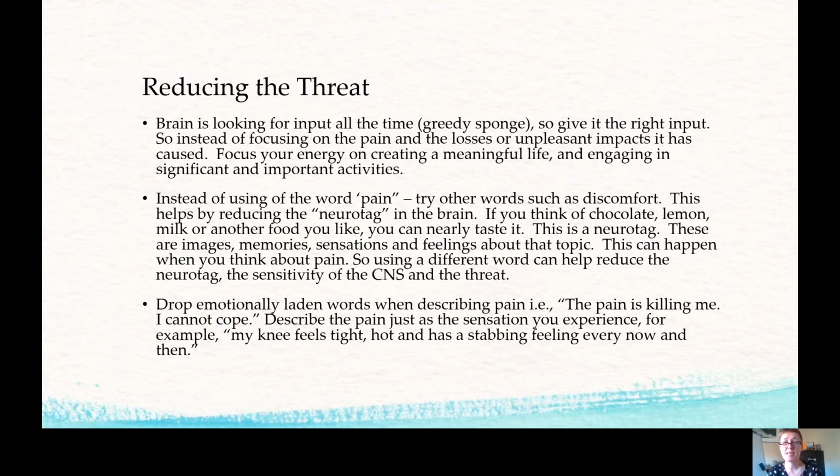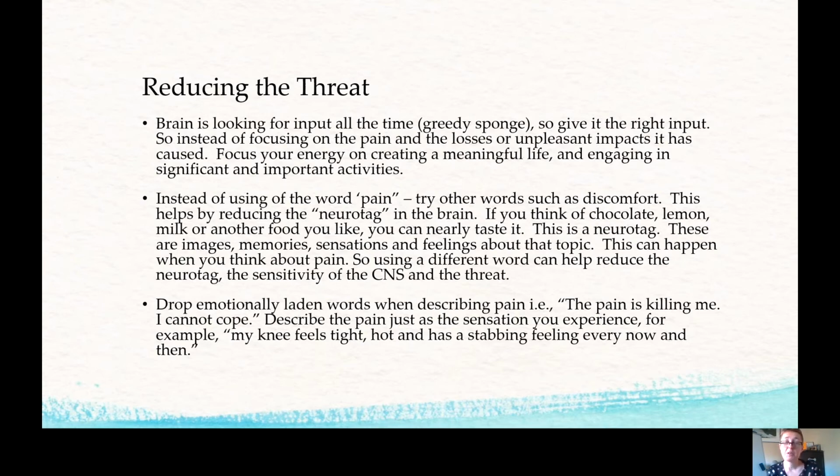It's kind of like tagging, like you do on Facebook with pictures, like a neuro tag. So sometimes just saying, oh, there's my discomfort, or there's my tightness, or there's my ankle being sore again, that can be really helpful.